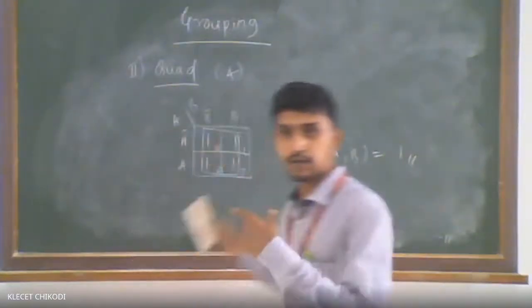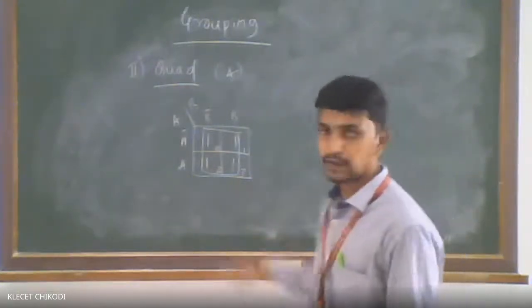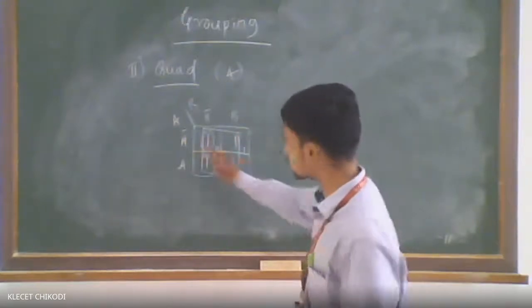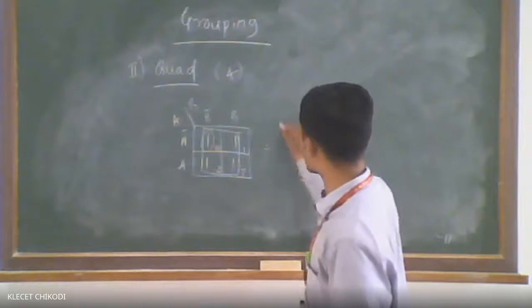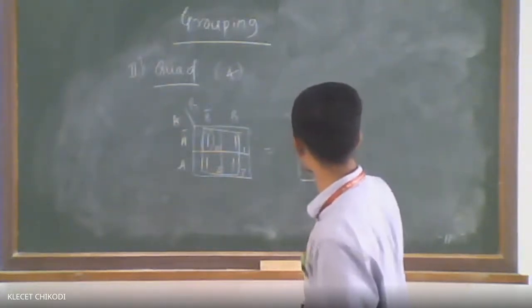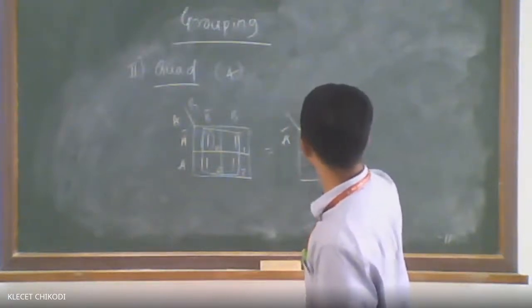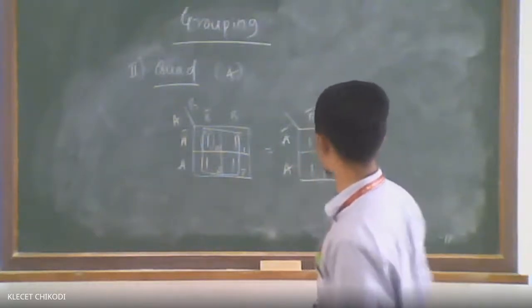If you want a proof for this, you can do it like this here. So instead of quad, I will take a pair here, or instead of pair, I will take isolated ones. A bar, B bar, B, A, 1, 1, 1, 1.